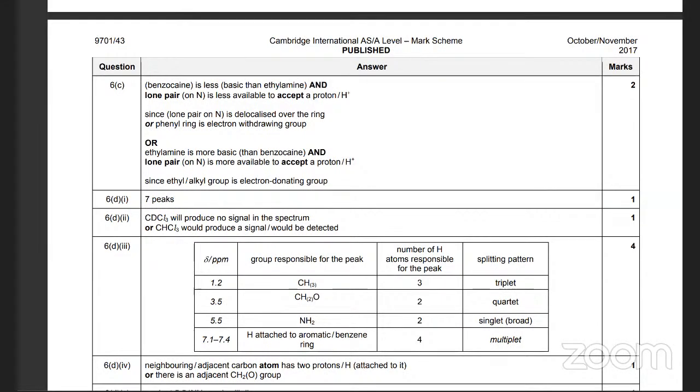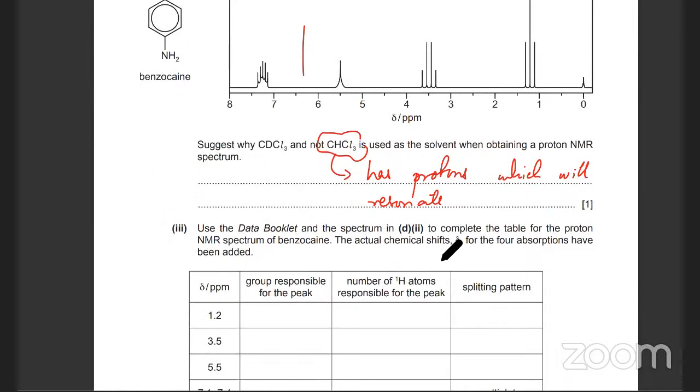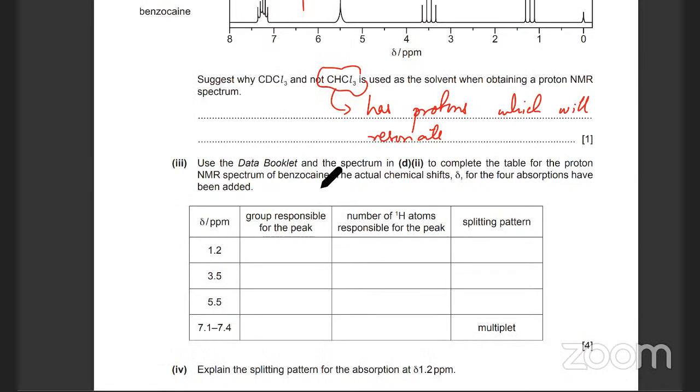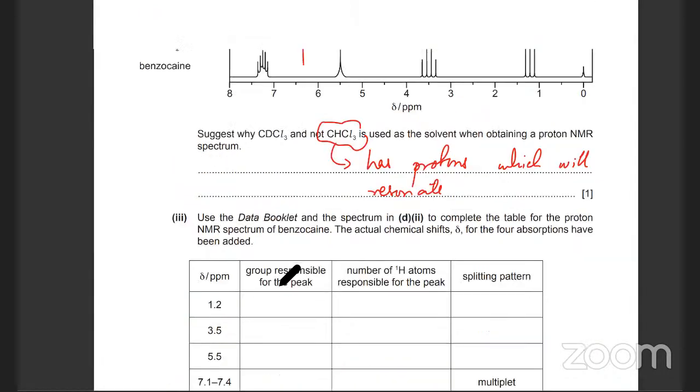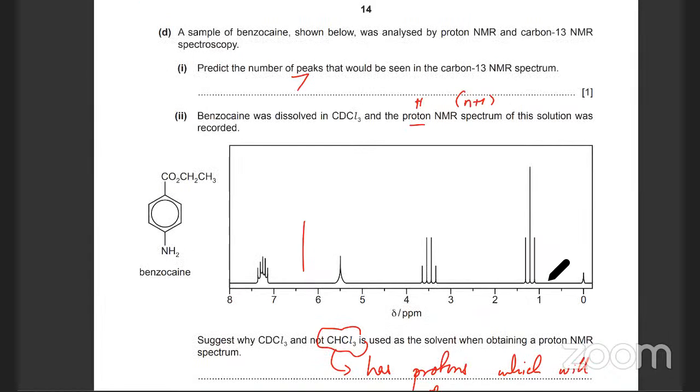Then you've got to use data in the spectrum to complete the table for the proton NMR spectrum of benzocaine. The actual chemical shifts for the 4 absorptions have been added. So first one, remember this one, 3 peaks. That means according to the n+1 rule, the neighbor has how many hydrogens? It's got 2 hydrogens.